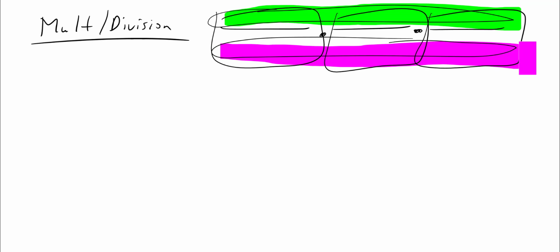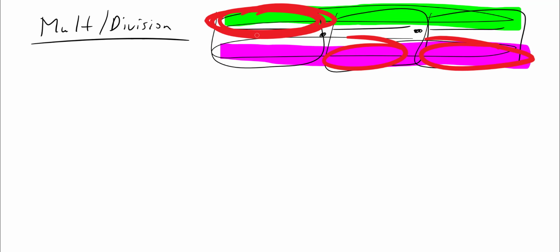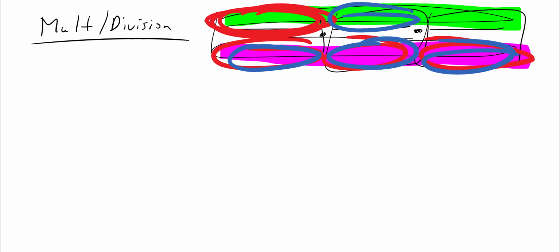So I can cancel something from this fraction with this one, or this fraction with this one, or that part of the fraction with this one. With this guy, I can do any one of these three as well, and with this one, I can do any of those as well. Anything from the top can cancel with anything from the bottom.